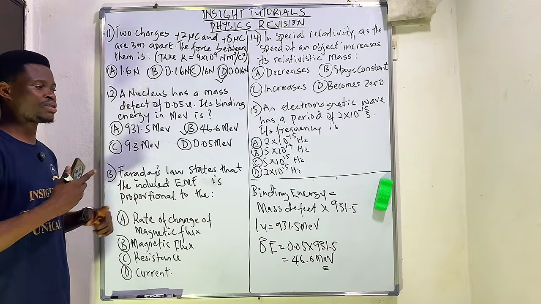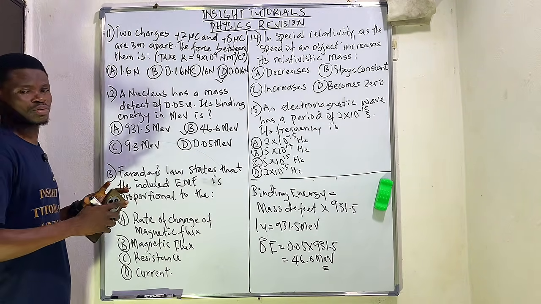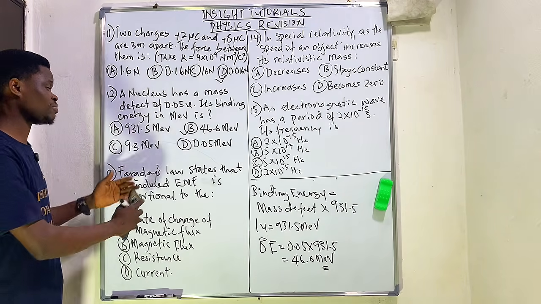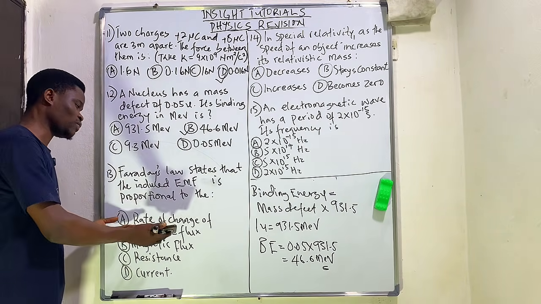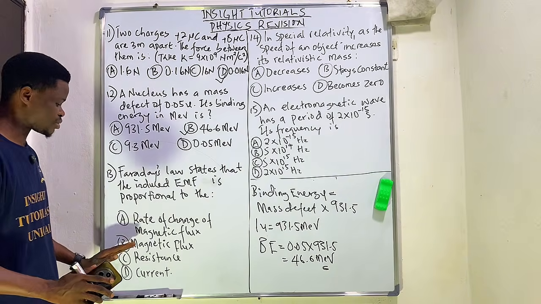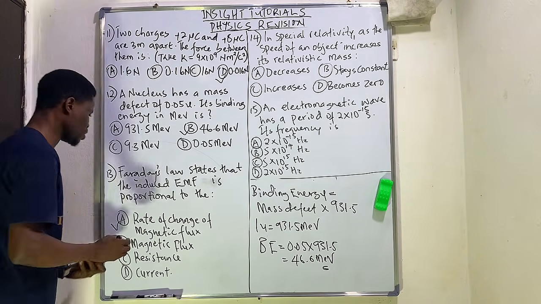It is the change in the magnetic flux that leads to an induced electromotive force. So that's just a simple thing. If you're asked any question that has to do with Faraday's law, the induced electromotive force is just proportional to the rate of change of magnetic flux. That is the correct answer. All these other options are not in alignment with Faraday's law.